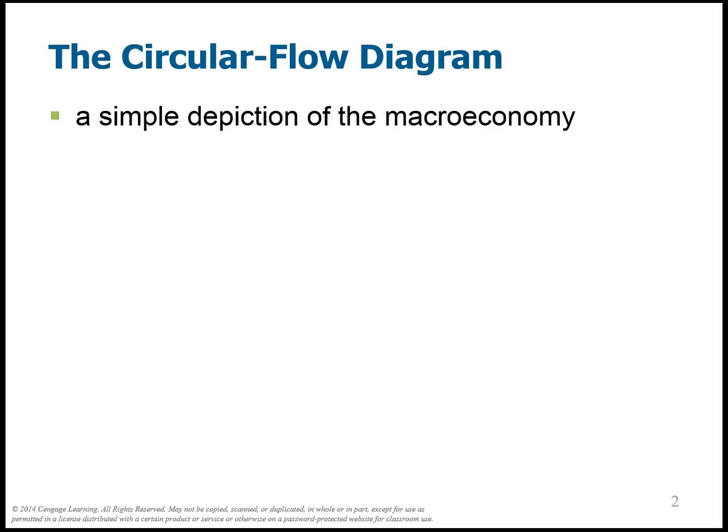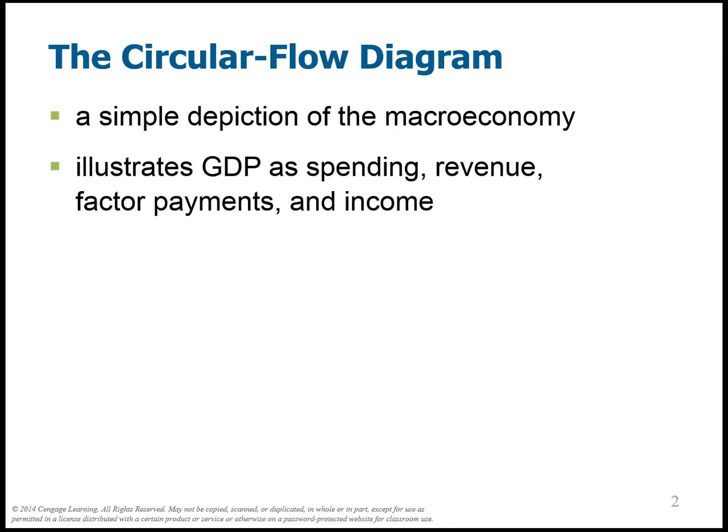So to remember why income equals expenditure, we're going to go back to the circular flow diagram from Chapter 2. It's a really simple depiction of the macroeconomy, but it does illustrate GDP as any of these four items: spending, revenue, factor payments, and income. I can measure any of those four, and it will give me the same dollar value for GDP, or really close.